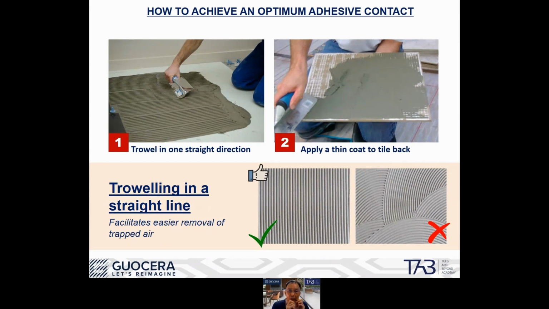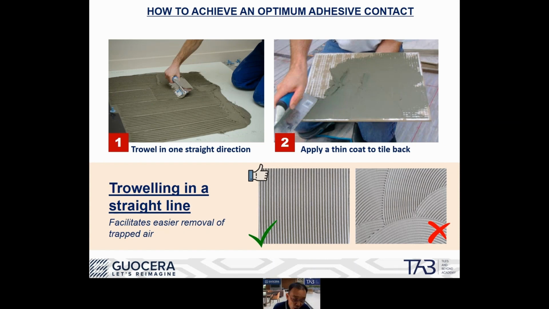Now, how to achieve an optimal adhesive contact. Of course, for large format tiles, it is very important to have optimal adhesive coverage. In order to achieve that, you need the proper tool, which is a notch trowel, a trowel with a notch. And there are also ways to maximize the adhesive coverage.